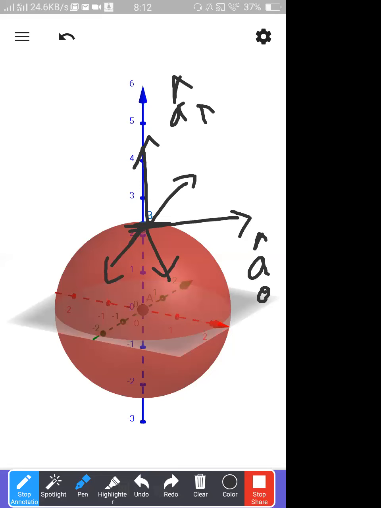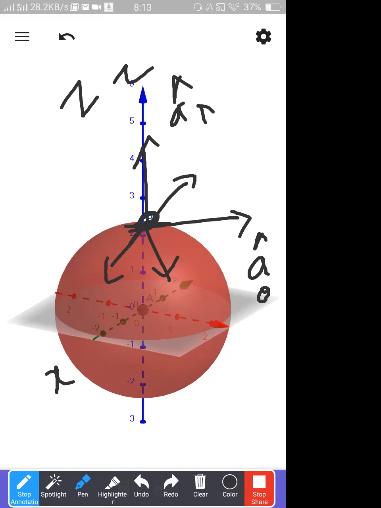The coordinates are r, theta, phi. Then what is the direction of phi? If you have chosen some point on the z-axis, what is the value of phi? That particular point is in the XZ plane.